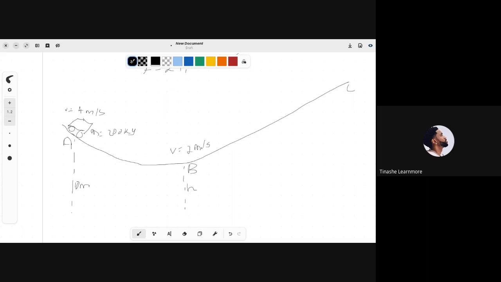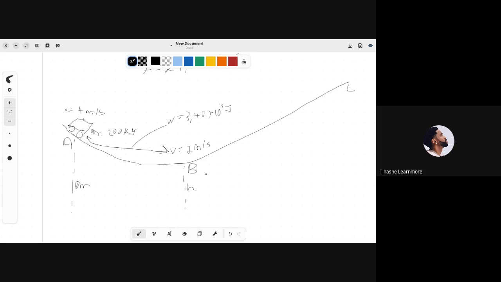During the motion from A to B, it consumes 3.40 times 10 to the third joules of energy, to overcome the friction and all that.